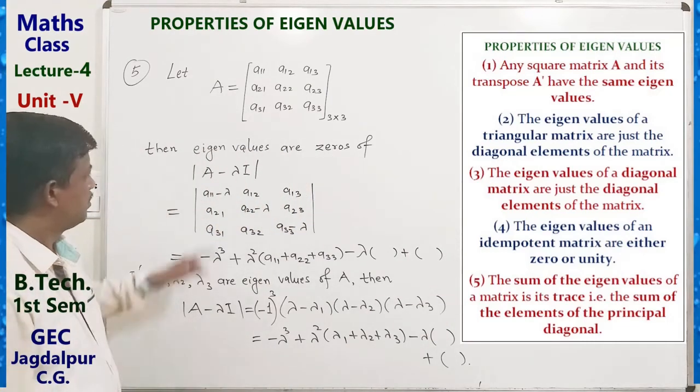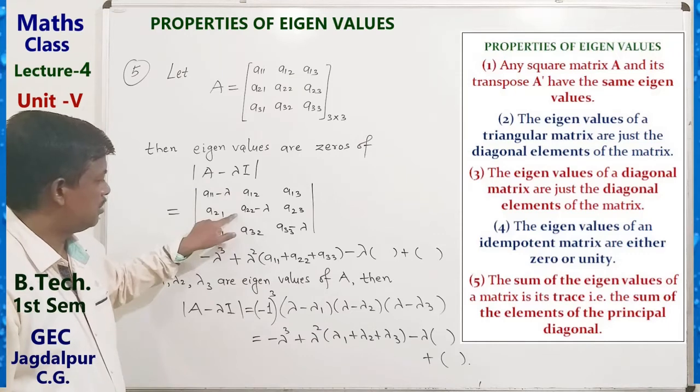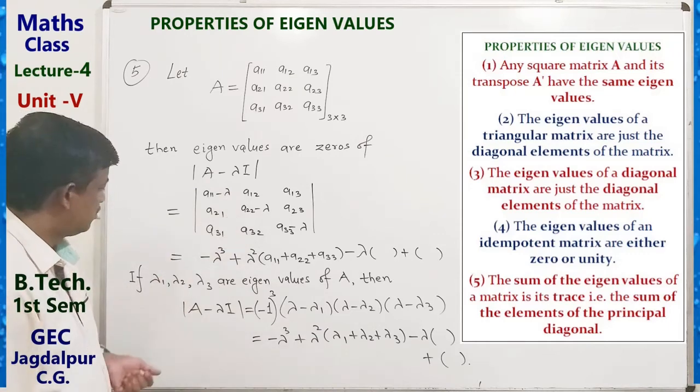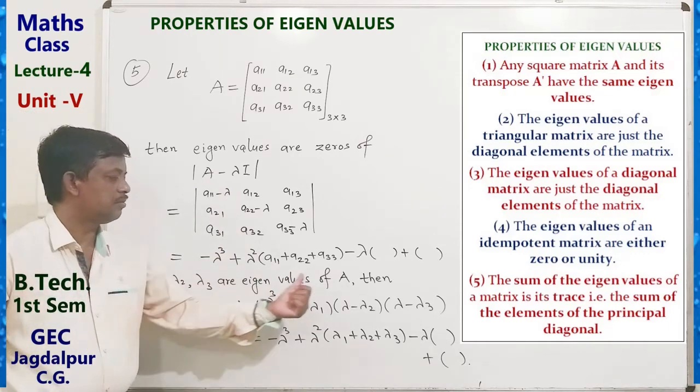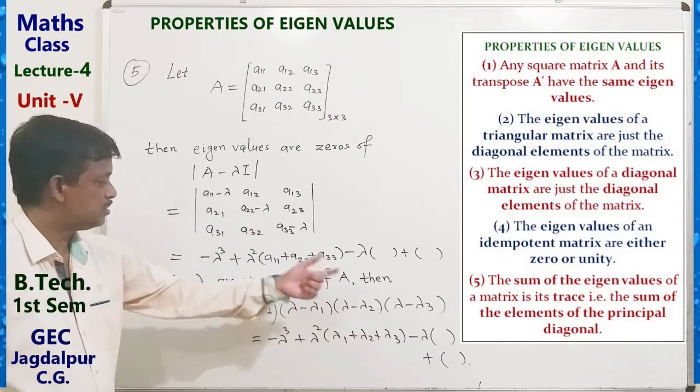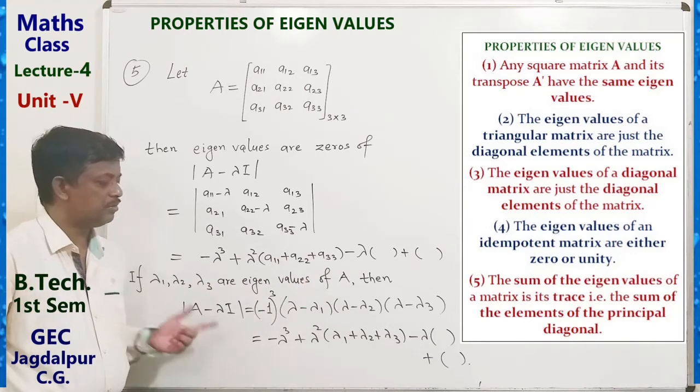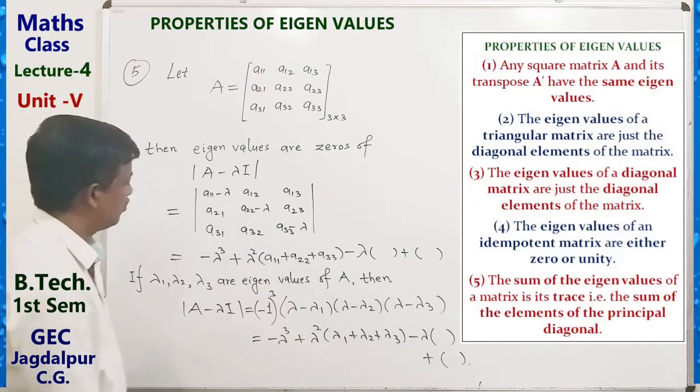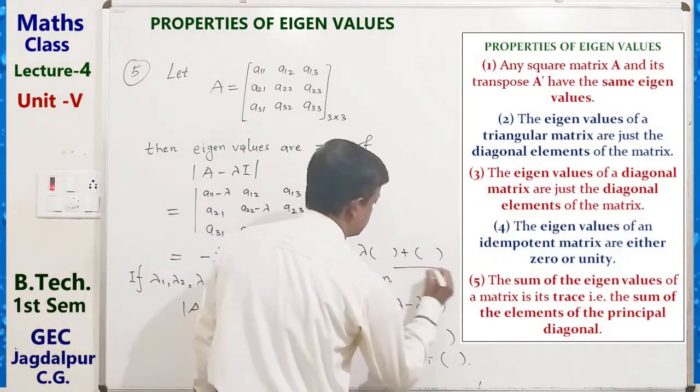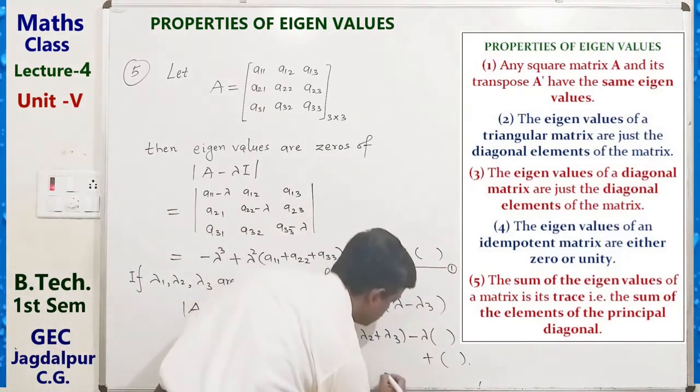Same thing. If lambda 1, lambda 2, lambda 3 are the eigenvalues, then this polynomial can also be written like this. Now comparing these two, this is equation 1, this is equation 2.